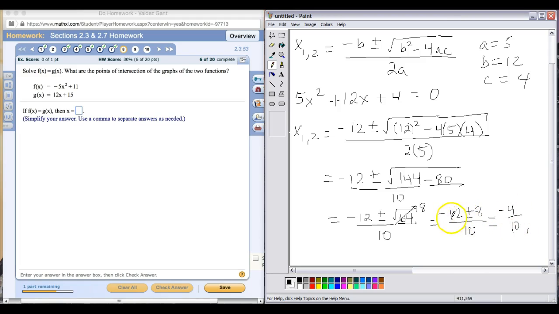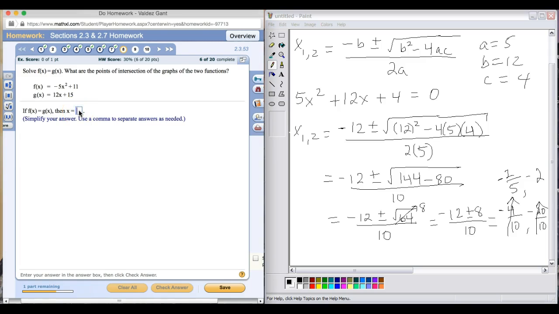And then the second answer would be negative 12 minus 8, which would be negative 20 divided by 10. If we simplify negative 4 over 10, that would be negative 2 divided by 5. And if we simplify negative 20 divided by 10, that would be the negative 2 that we found. So here we see that either way, we get the same answer.